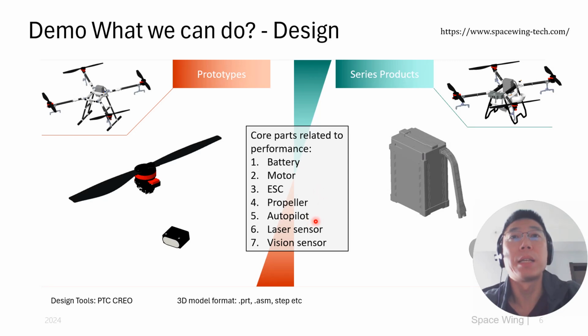Our autopilot also, and our sensors are very critical when sensing the environment. For design tools, we use PTC Creo and 3D models. We have the part, PRT assembly, and also we can output the STEP files.